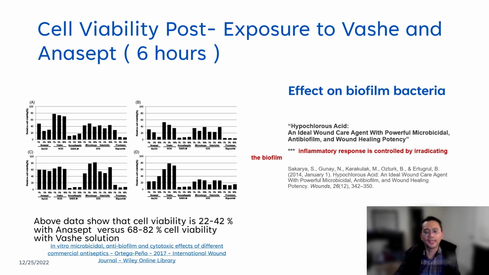When you reduce the amount of biofilm, or eradicate it by the use of an effective and efficient solution like the Vashe used in this study, you would decrease the inflammatory response that is usually found in a chronic wound that is stuck in the chronic inflammatory phase of healing.